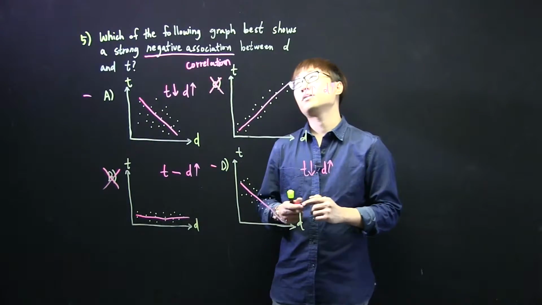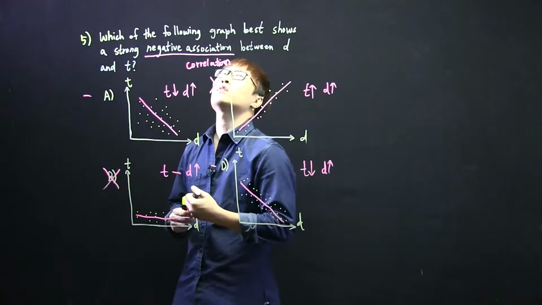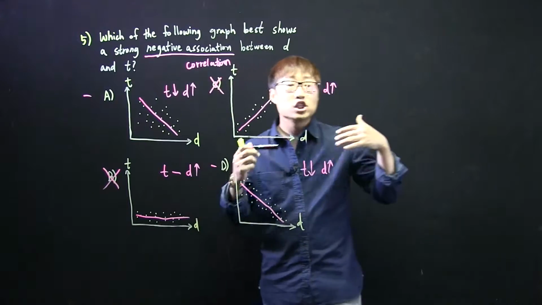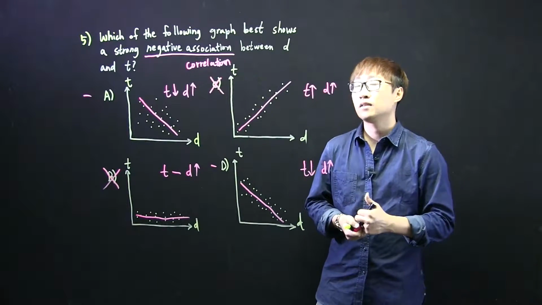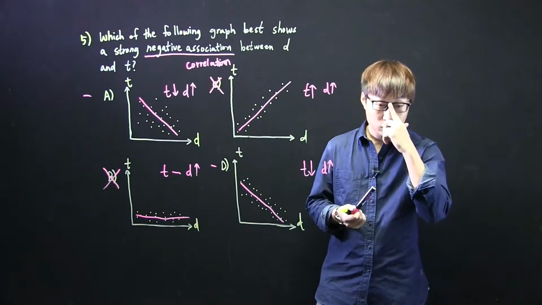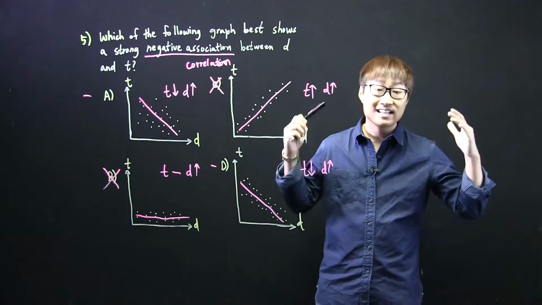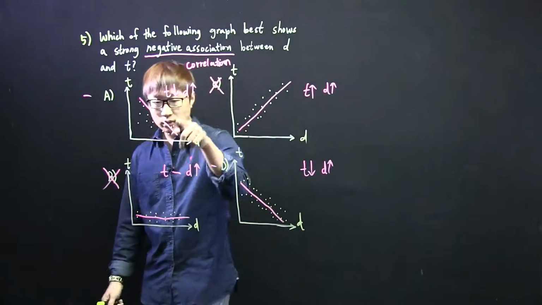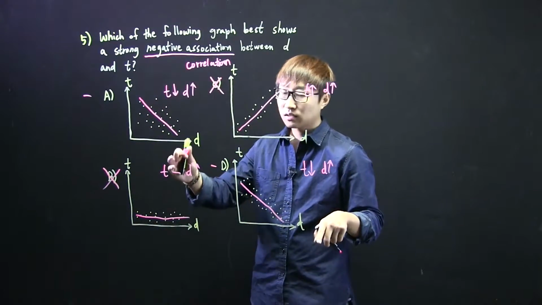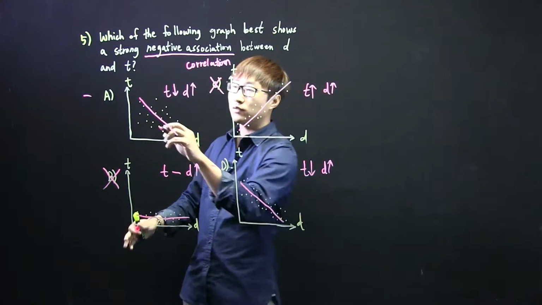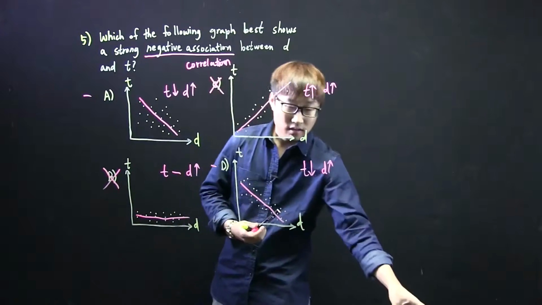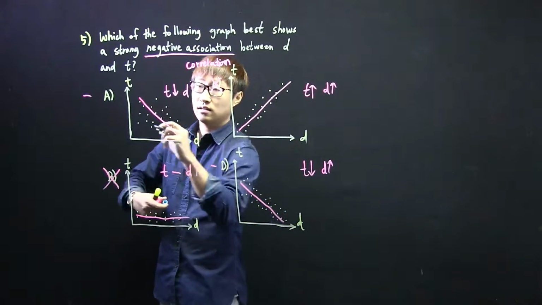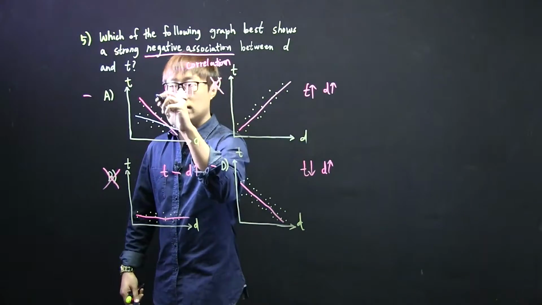Now let's go back to the problem and read it again. Which of the following graph best shows a strong negative association? So it's got to be pretty strong and obvious, right, that it is negatively associated. A, you see how all these points are scattered? I could have drawn a line that guesstimates like that or like this.